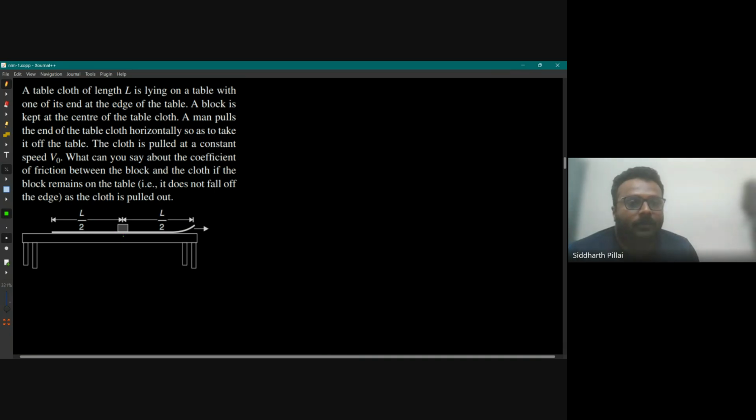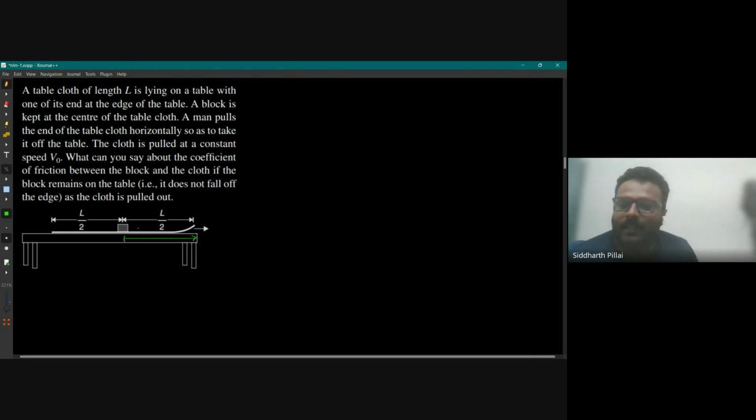That means the most that this block has to travel must be L by 2. If it travels more than L by 2, it will fall off, right? So the most that the block should be able to travel is L by 2.